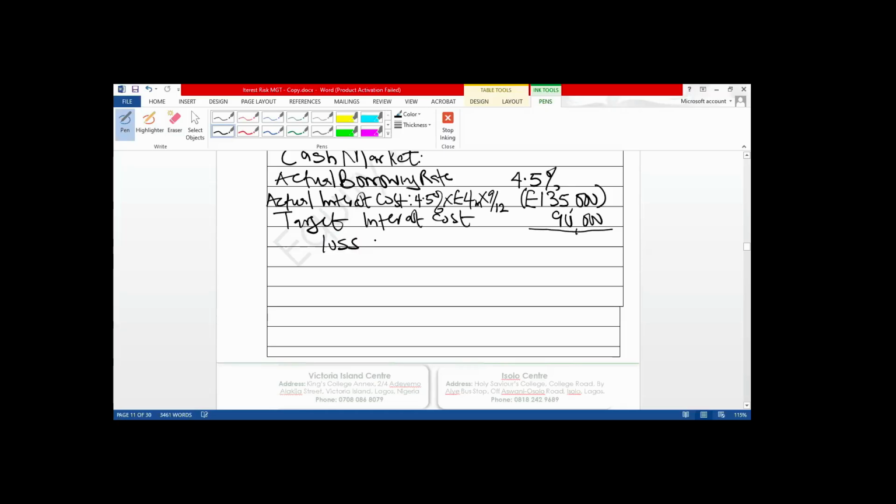Loss at the cash market. The difference is negative 45,000 pounds because we have overpaid. That is your cash market transaction. You now go to the second market, the futures market.